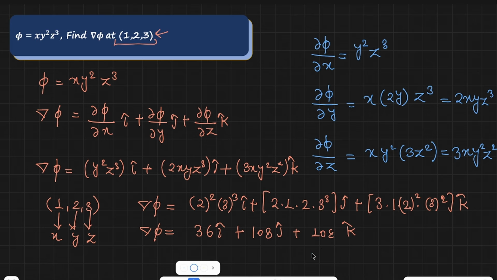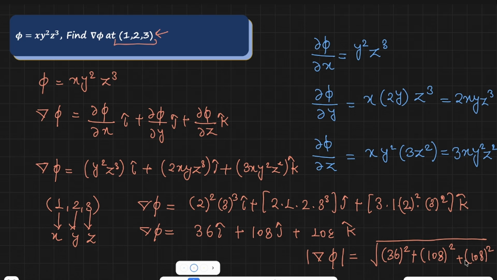The magnitude, mod of del phi, is the square root of 36 square, the coefficient of i square, plus the coefficient of j square and the coefficient of k square. When you solve this, whatever answer you get is the maximum rate of change at this particular point. This is the physical significance of this.